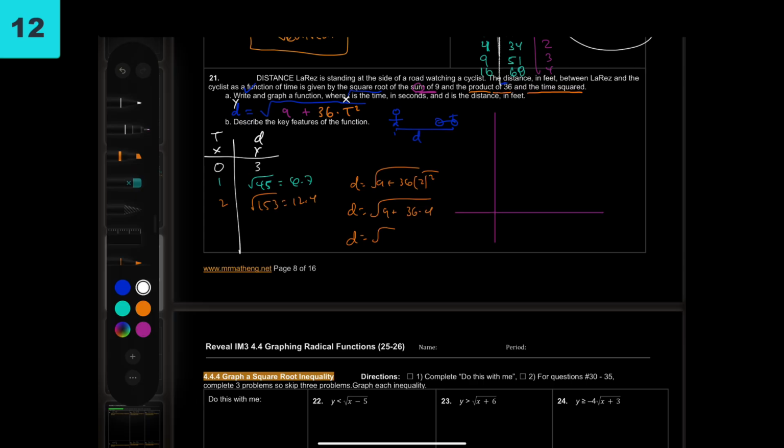On the x-axis I have t for time, measured in seconds. Maybe you're going up to 2 seconds. So 1, 2. And over here you have d, which is the distance, measured in feet.